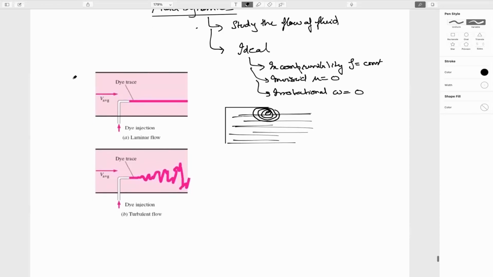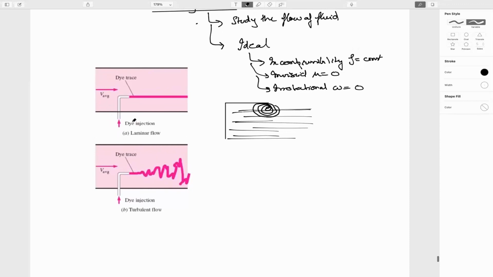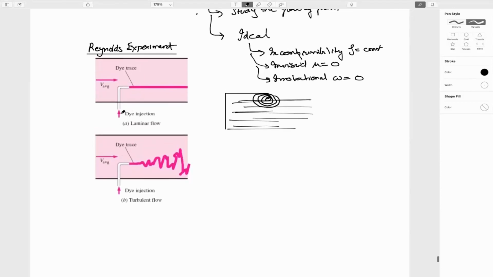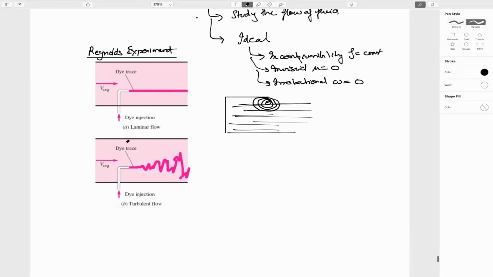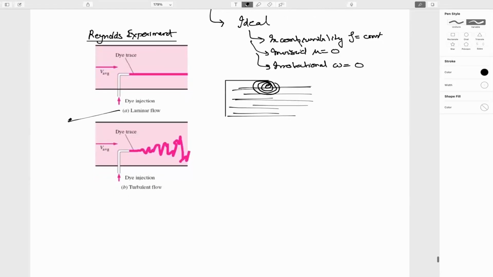So I am taking one example of fluid flow. It's Reynolds' experiment. Here the fluid is flowing inside a confined channel. And to study the flow, what he did is inject dye from here and check whether the flow is laminar or turbulent. The difference between laminar and turbulent flow is not of much importance, but just to let you know.